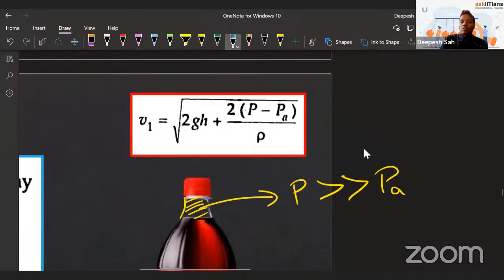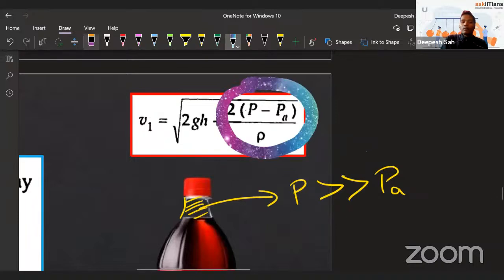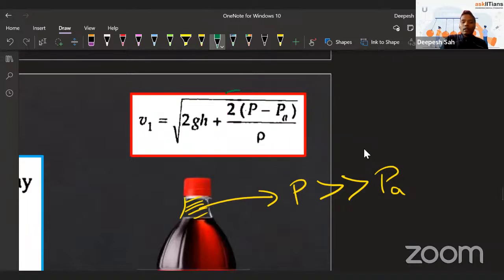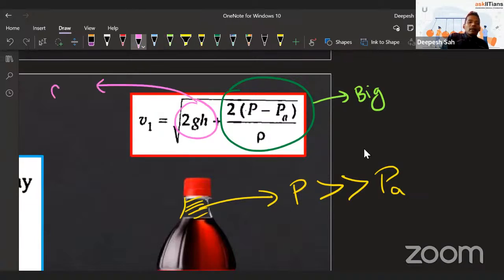Now, because P is much bigger than PA, this term automatically becomes big. And it becomes so big that this other term over here can be neglected. I can neglect it.